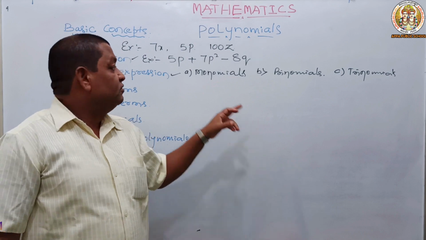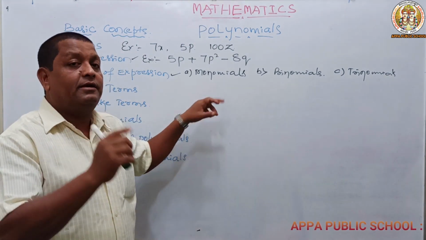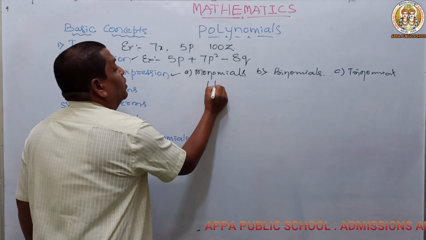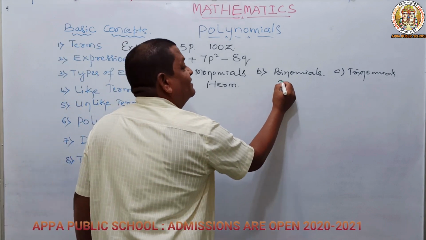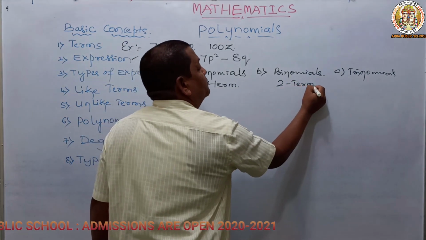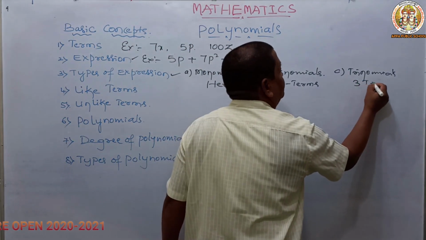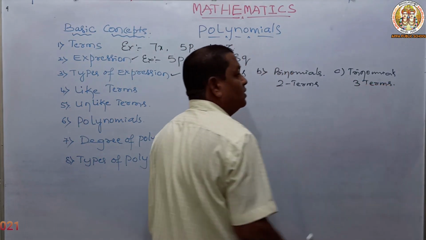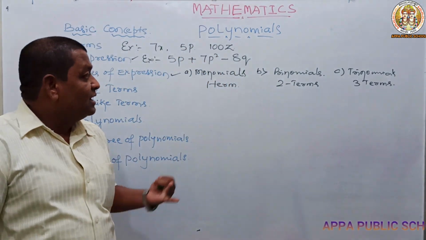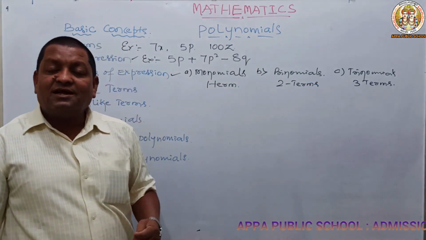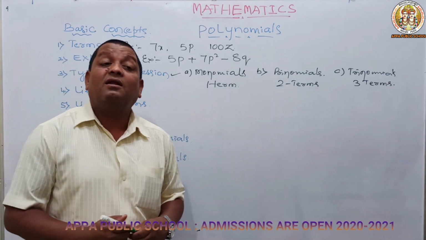Monomial means the expression contains only one term. Binomial contains 2 terms. Trinomial contains 3 terms. If it has more than 3 terms, what do we call it?